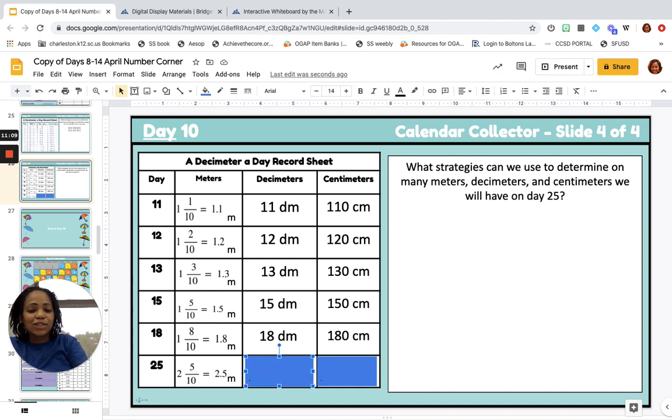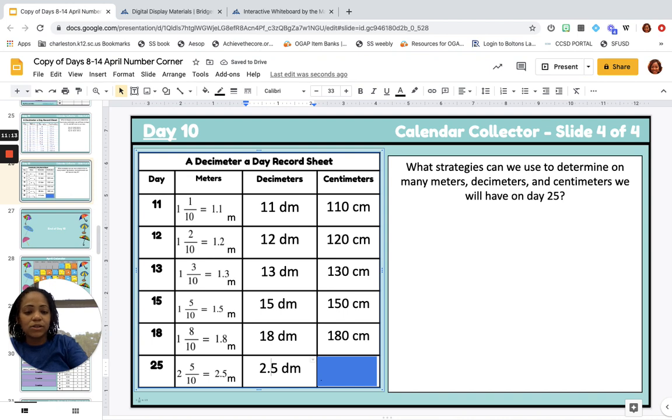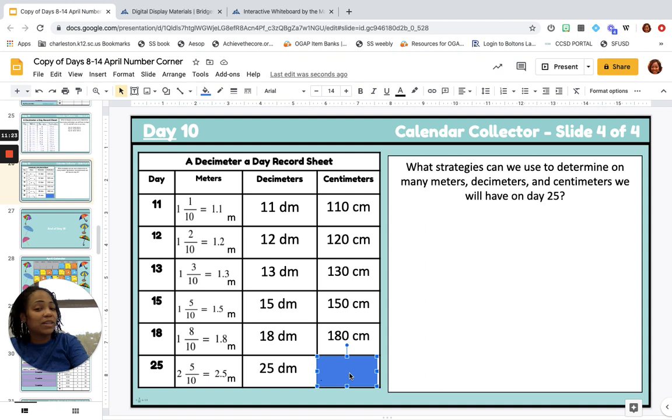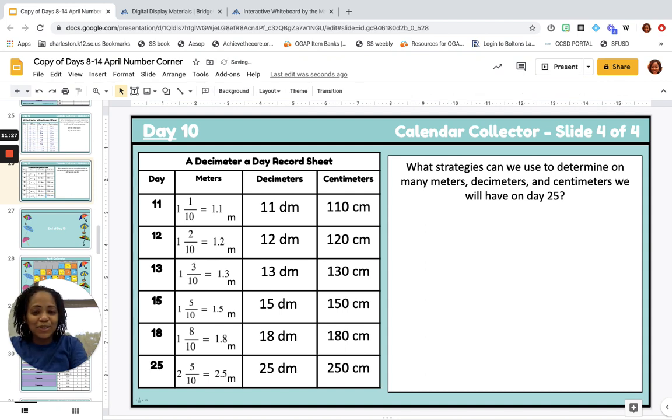Good. It's 25 decimeters. And how many centimeters is that? How are we finding out how many centimeters? Yeah, we're just multiplying by 10, which would give us, we got it, 250 centimeters.